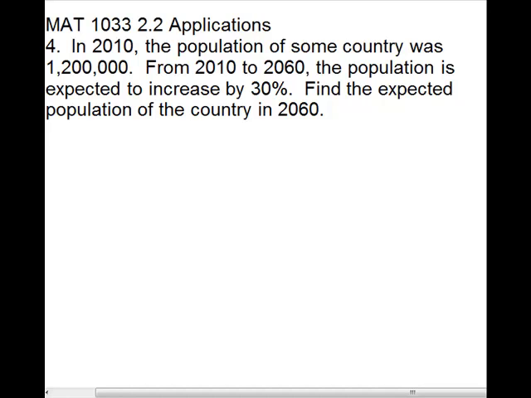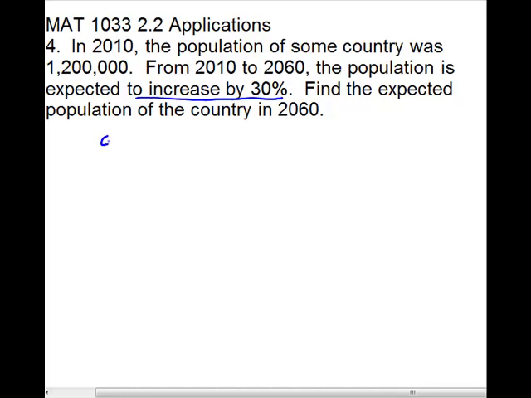Problem 4 is also a percent increase problem. It says, in 2010, the population of some country was 1,200,000. From 2010 to 2060, the population is expected to increase by 30%. Find the expected population of the country in 2060.